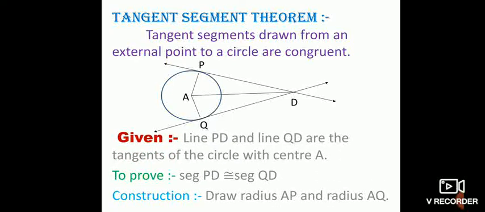From this figure, we can write the given: line PD and line QD are the tangents of the circle with center A. म्हणजे रेषा PD आणि रेषा QD या ए केंद्र असलेल्या वर्तुळाच्या स्पर्शिका आहेत. यातून आपल्याला साध्य दिलेले आहेत. साध्य काय करायचे आहेत? सेगमेंट पी डी कॉन्ग्रुएंट सेगमेंट क्यू डी, म्हणजे स्पर्शिकाखंड पी डी आणि क्यू डी हे परस्परांशी एकरूप आहेत हे आपल्याला साध्य करायचे आहेत.